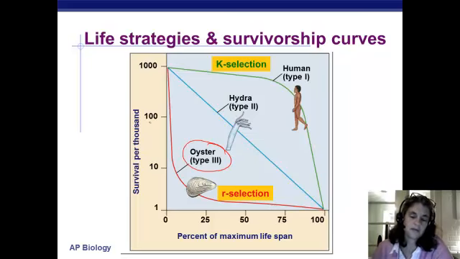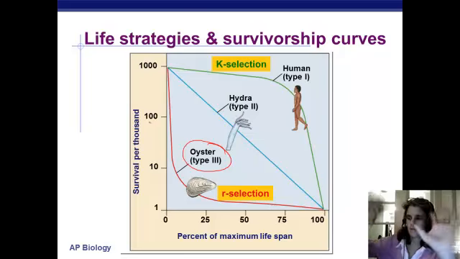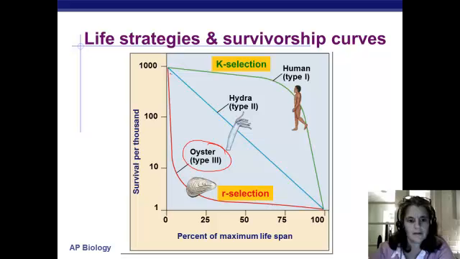When oysters have young, they have just a gazillion larvae, and they shoot them all out into the water, and the eggs and the sperm and the larvae are created, and there are zillions of them, and almost all of them get eaten. So you start out with a lot of offspring, but very rapidly almost all of them die right away.